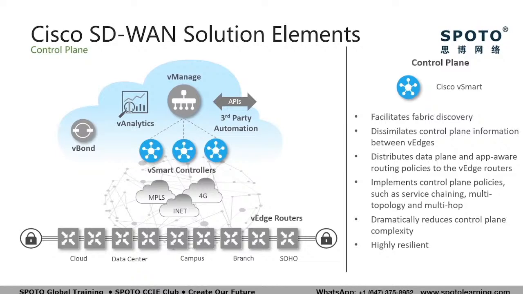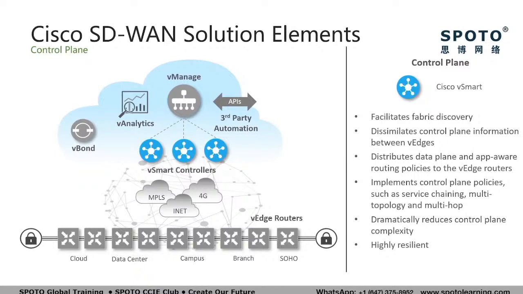This information includes service-side LAN reachability, transport WAN-side IP addressing, IPsec encryption keys, site identifier, and so on. vSmart Controllers also distribute data plane and application-aware routing policies to the vEdge routers for enforcement.